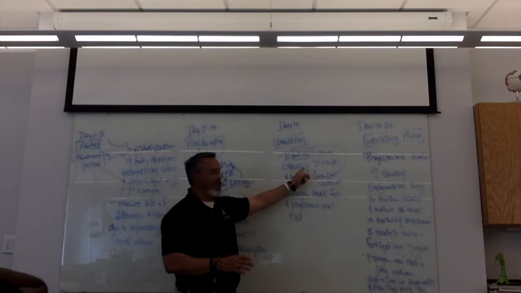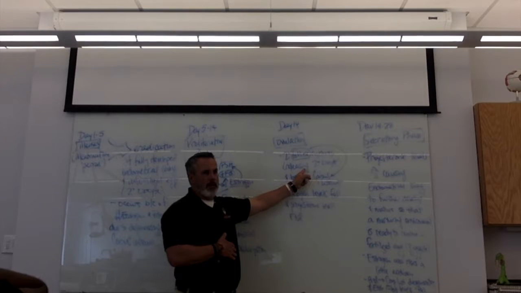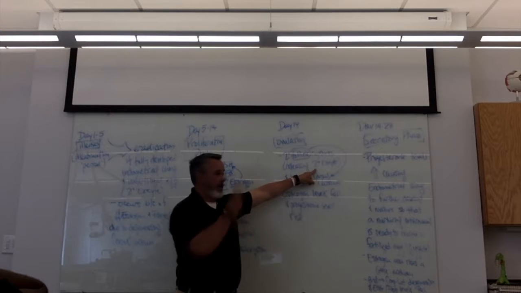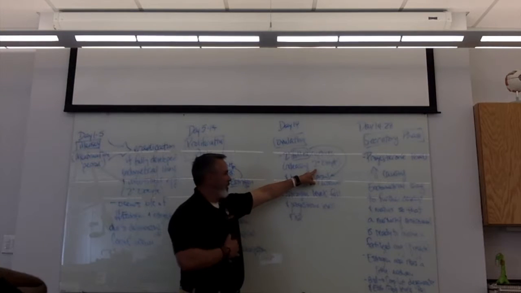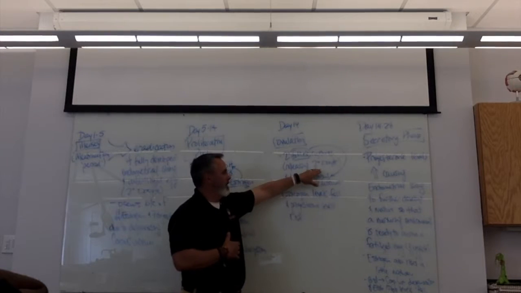Remember, it's releasing the secondary oocyte. And that's stuck in the middle of what process? Meiosis 2. It's a product of meiosis 1, but it's stuck in the middle of meiosis 2.